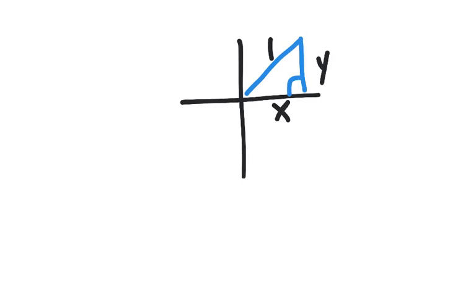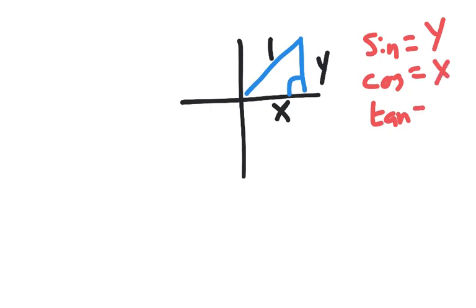So if you think about your big three trig functions, sine, cosine, and tangent: sine of this central angle would be positive y. Cosine of this central angle would be positive x. Tangent of this central angle would be y over x, and they're both positive.